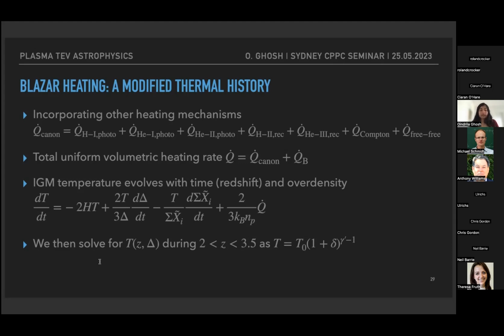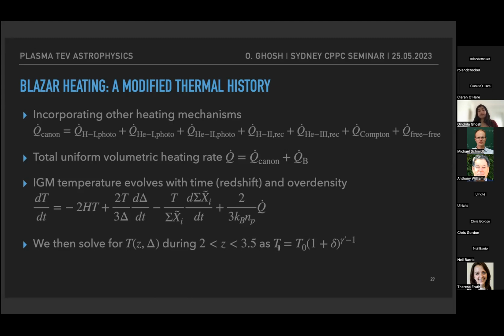And then we solve this relation for a redshift between 3.5 and redshift of 2. And a typical solution, an ansatz for this type of equation, could be envisaged as this relation.